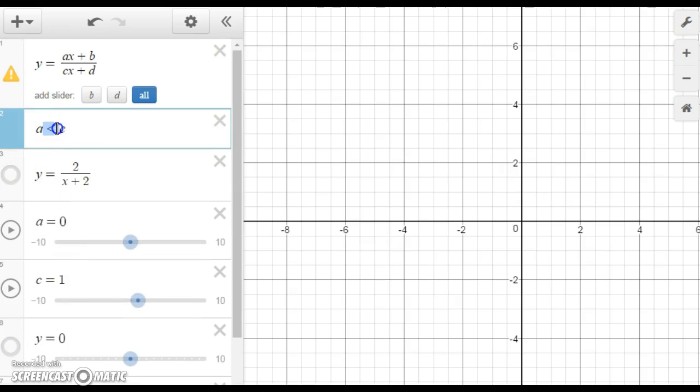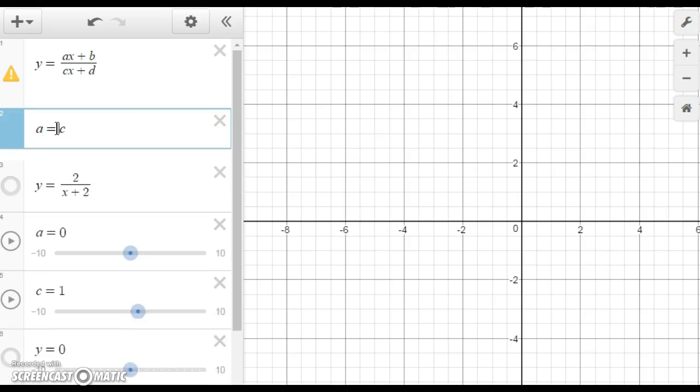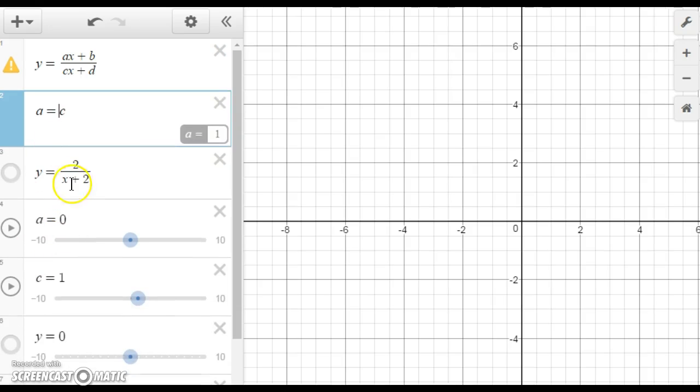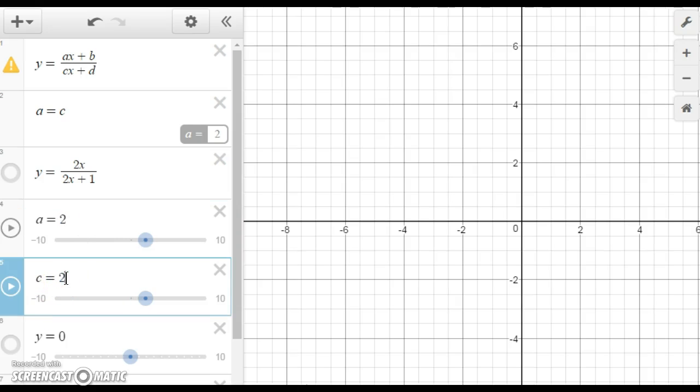If I have a equals c, let's say something like 2x, let's just make it interesting. 2x, and I will have 2x as well. I can change that to 1 just for fun. So in this case, my a is equal to 2. My c is also equal to 2.